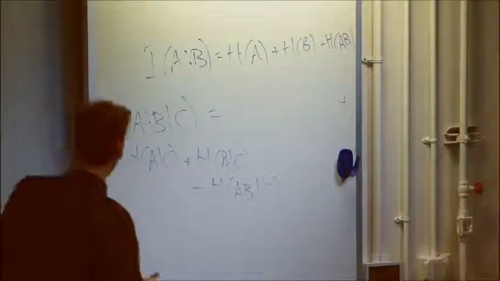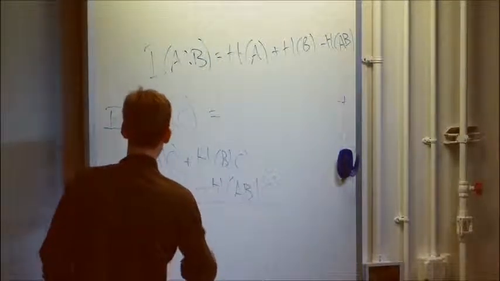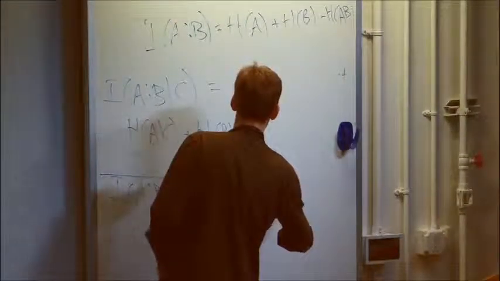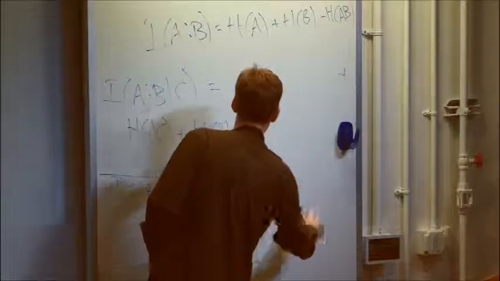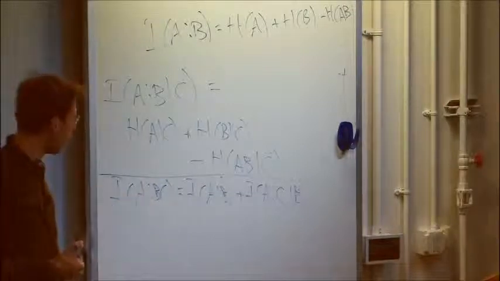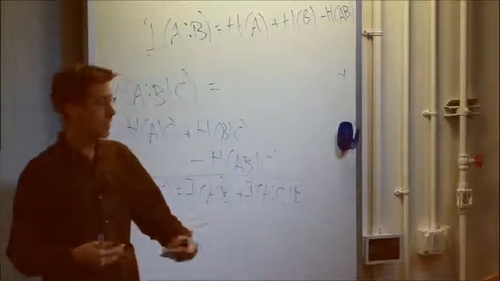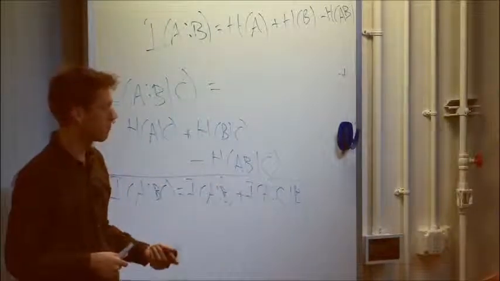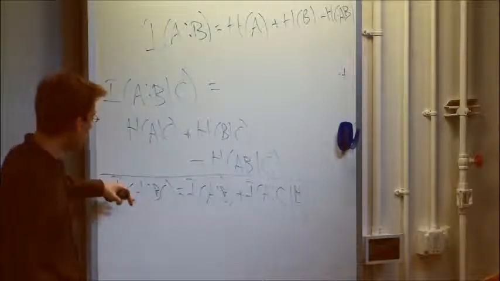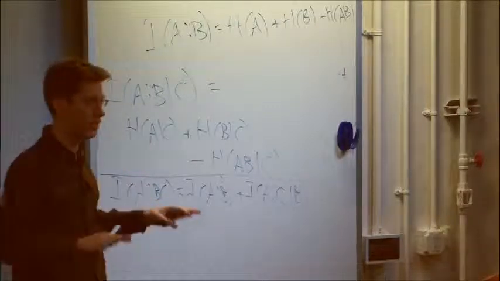The baby version of the chain rule is that the mutual information between A and BC is equal to the mutual information between A and B plus the mutual information of A and C conditioned on B. So how much does Alice know about the BC system together? As much as she knows about the B system, plus the amount she knows about the C system conditioned on her knowledge of the B system. That's the chain rule of mutual information. It's just expanding out these entropy quantities and canceling terms. There's nothing to the proof.